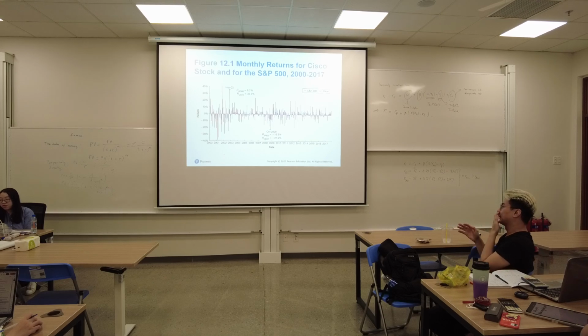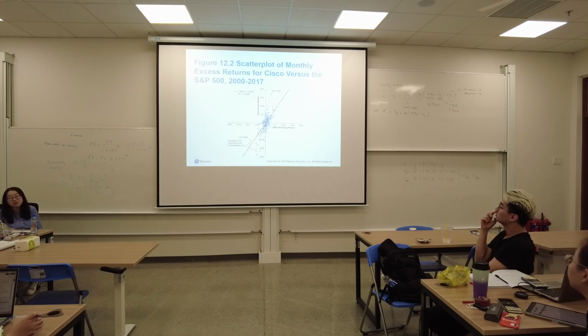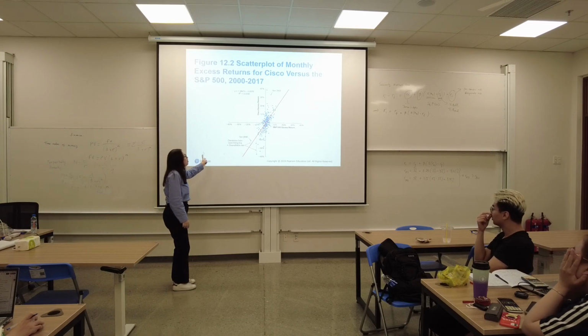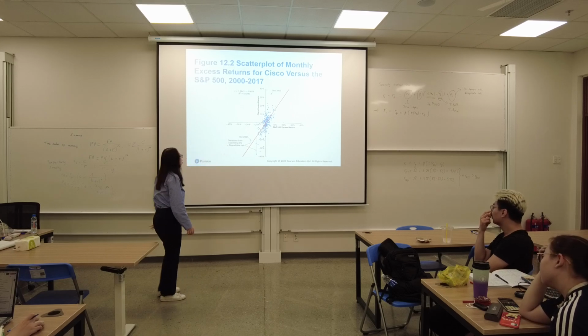You see the graphs, I think Mark has talked already about it. So this is just the scatter plot. You can recreate this plot if you use the Excel file and do the scatter plot.